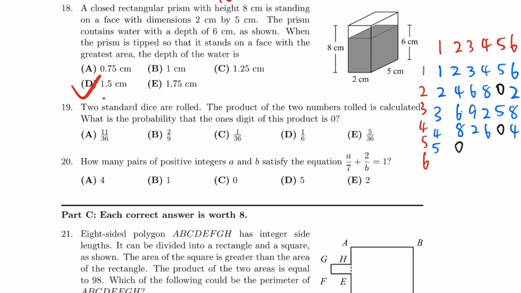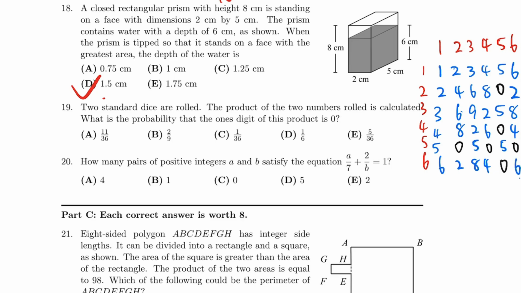Another 0. So 15, another 0 again, 20. 25, another 30, another 0 again. 6, 2, 8, 4, 30, which is another 0.